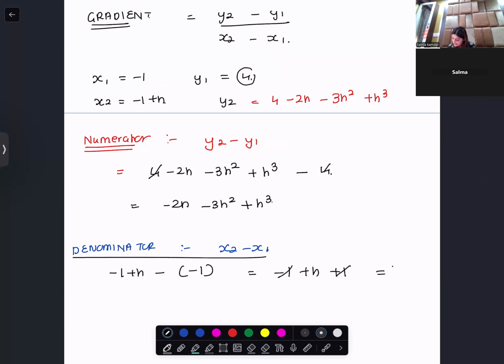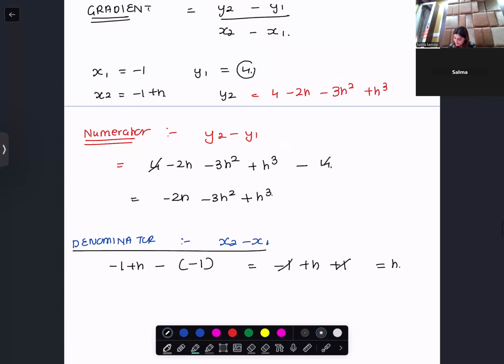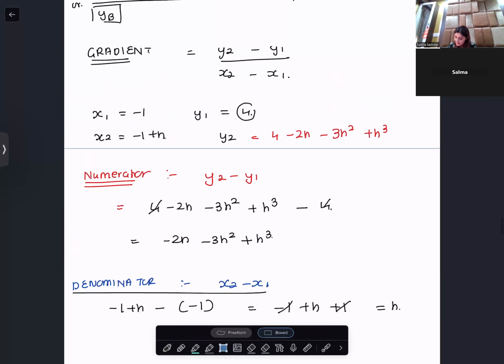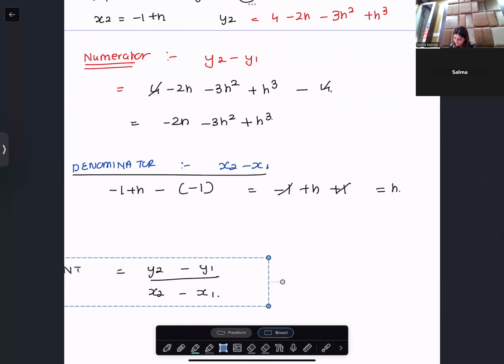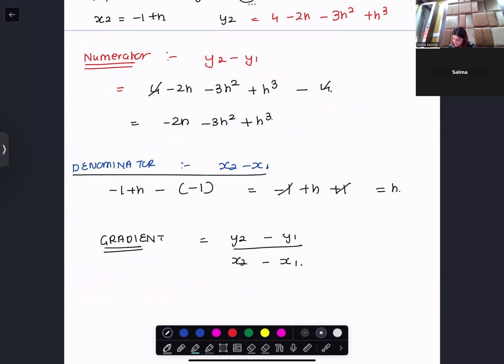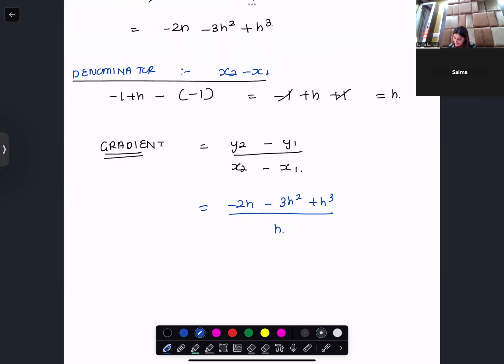So my denominator is h. So the gradient is minus 2h minus 3h square plus h cube over h, and this is my gradient of the chord AB.